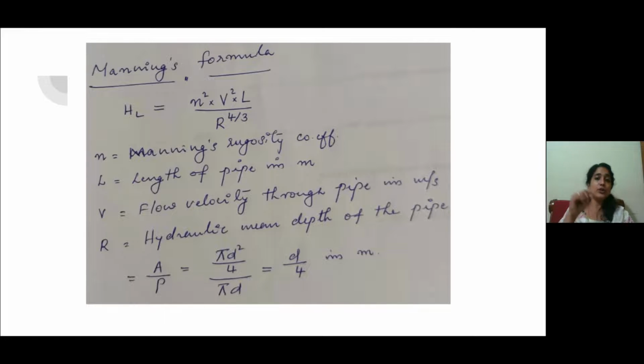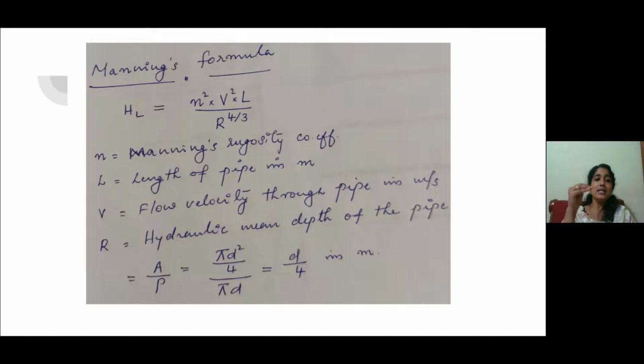Here we can substitute V as Q by A, that is discharge divided by area of cross section. Then only we get the correct equation for HL, that is for calculating the K of the equation. HL is equal to K into QA raised to X.